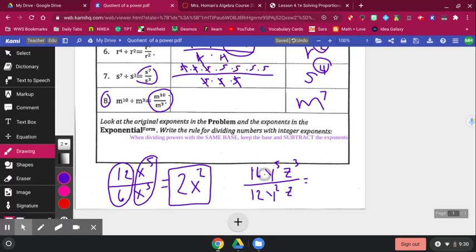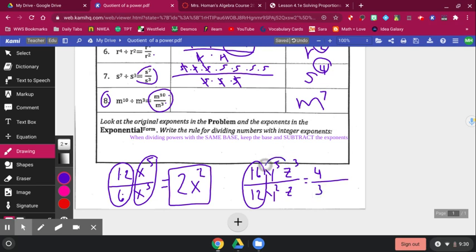So again, I can simplify or divide my coefficients like normal. This one, 12 doesn't go into 16 evenly, like 6 went into 12 evenly. So this one I'm just going to have to simplify and keep it as an improper fraction. So 4 goes into both of those. 16 divided by 4 is 4. 12 divided by 4 is 3.